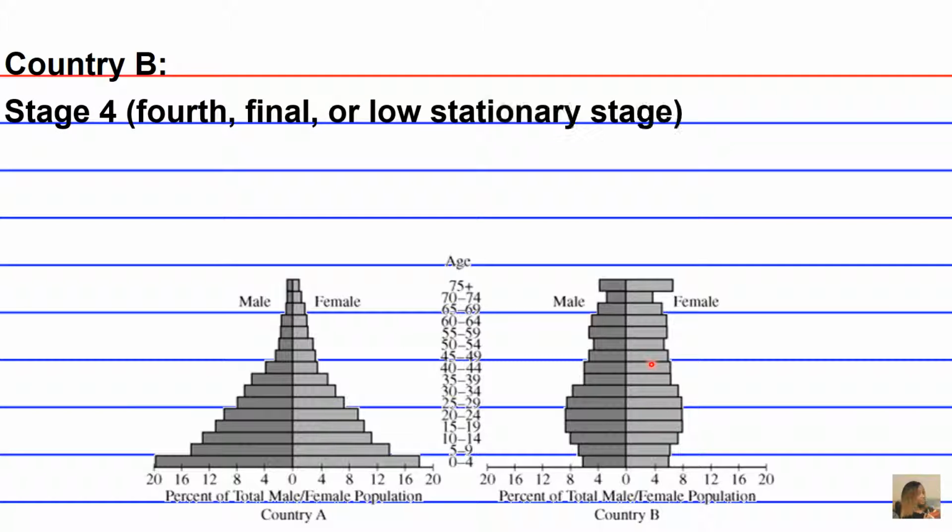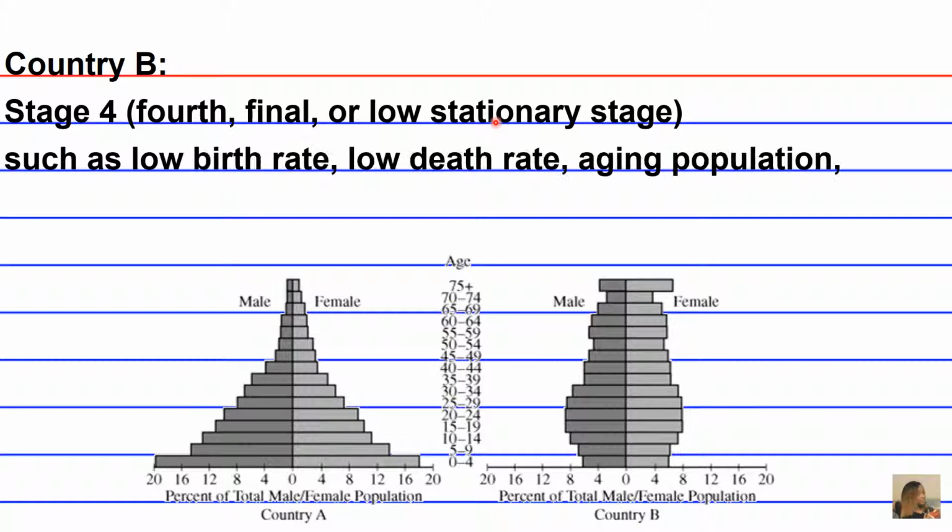All right, so country B is at stage 4, the fourth. Some call it the final or the low stationary phase of demographic transition. If you're only looking at the economics, it can also be considered to be in a post-industrial phase, okay? So there's a low birth rate, there's going to be a low death rate, also an aging population.